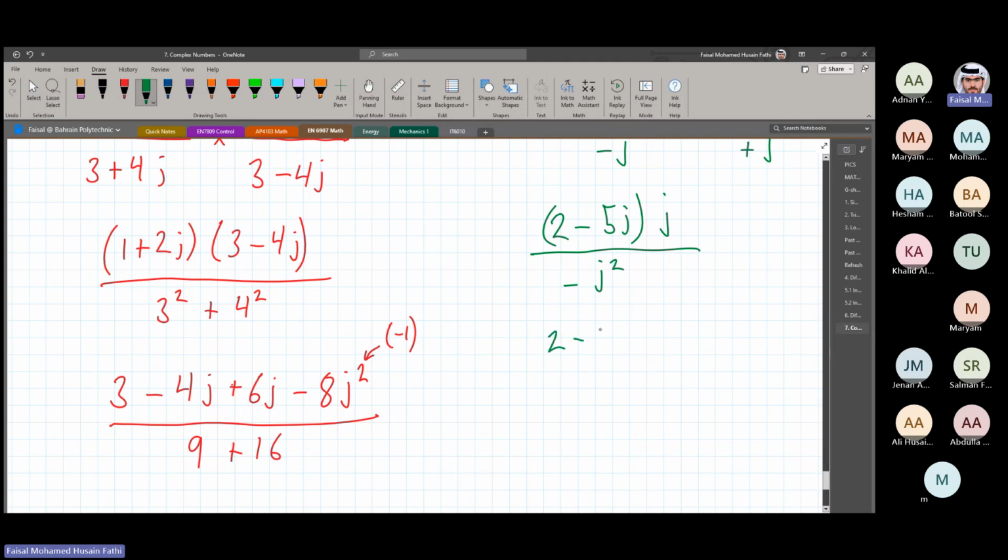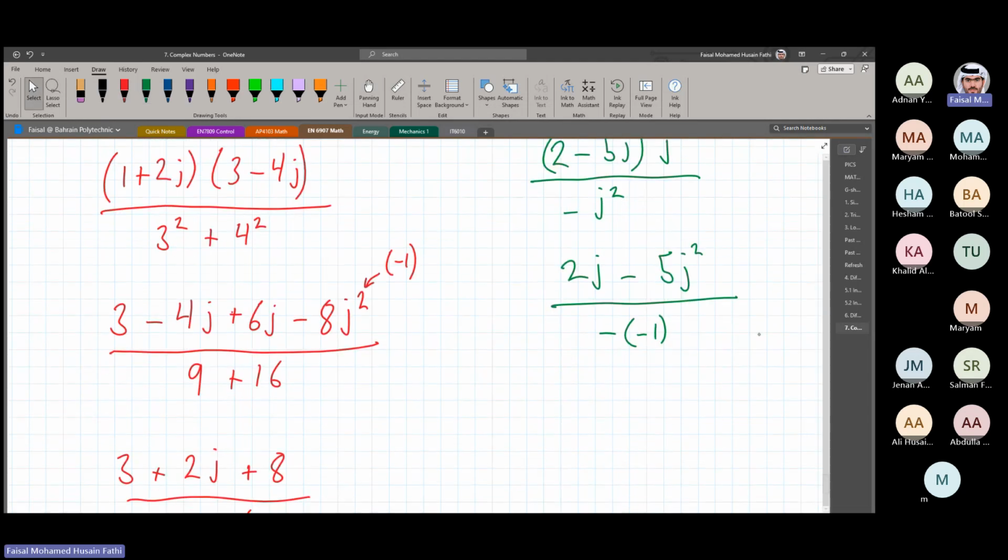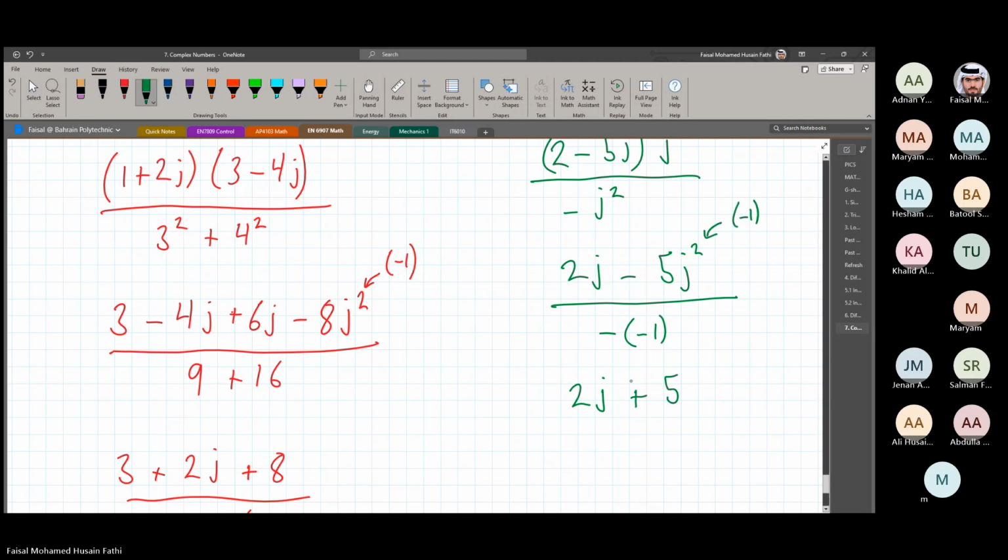So let's just distribute the top part as well. 2 into j is 2j, minus 5j squared, over minus 1, which is simply plus 1. So this is going to be 2j minus, and again this becomes plus 5, because j squared is minus 1. So 5 times minus 1 is minus 5. Minus 5 times minus is plus.